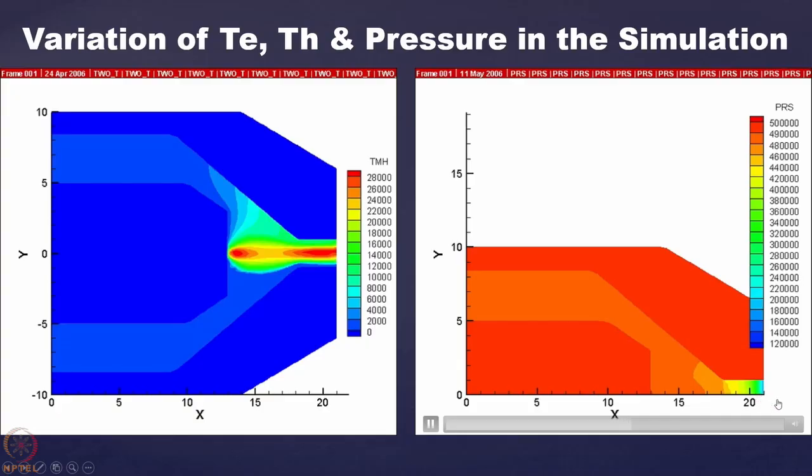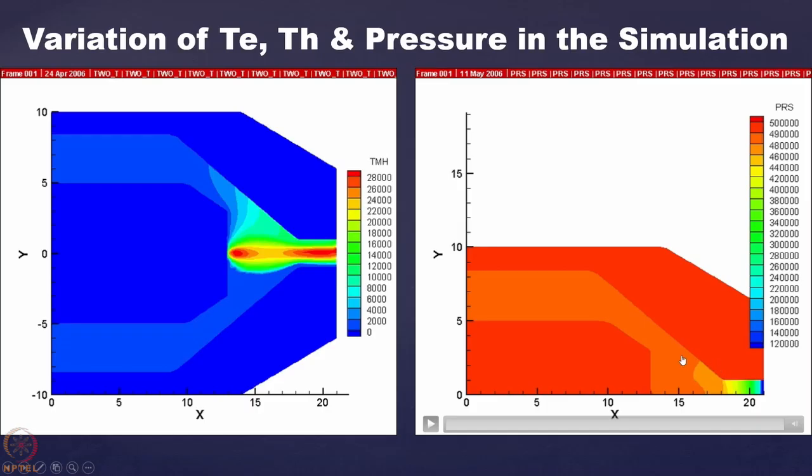It is still developing, and finally when it reaches here, you see there is a bluish zone originated over here. That is the atmospheric pressure. So this plasma jet is now discharging to atmosphere, and you are seeing how the temperature field has reached there, and how the pressure is attaining its value, which corresponds to the equilibrium distribution.